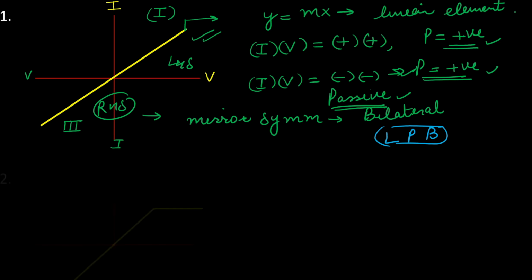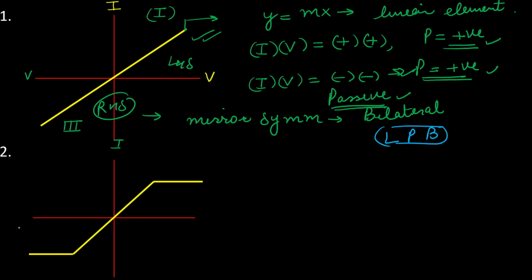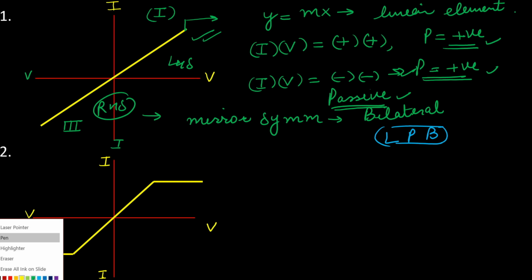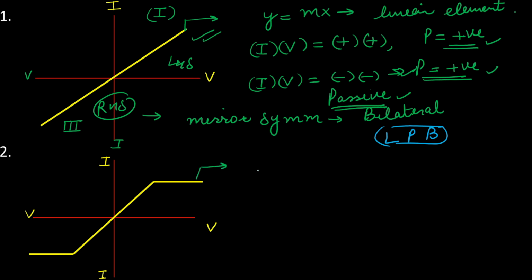Let's start with our second problem. In this case also, the y-axis depicts the value of the current and the x-axis depicts the value of the voltage. Since this IV characteristic curve is not following y = mx, it means that the element is non-linear in nature.